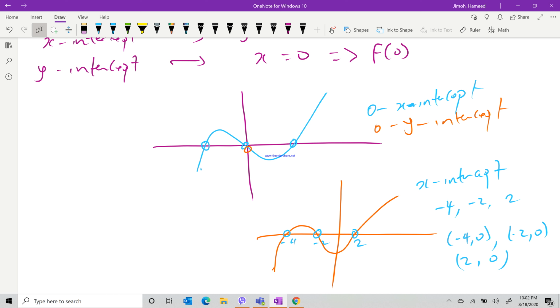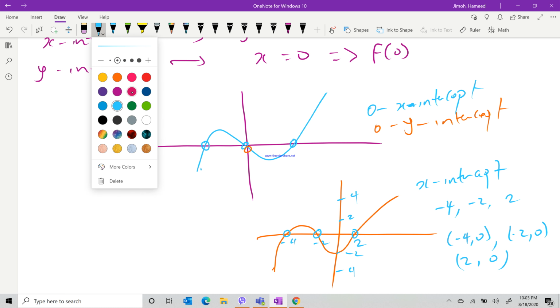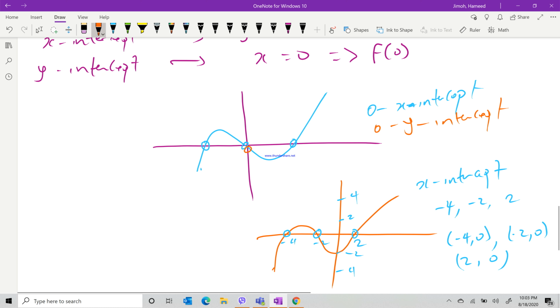So the second point in this case becomes 0. So let's say we have a 2, 4, and we have -2, -4 over here. It means, again, the y-intercept in this case will be -2. Don't forget this is the point where y equals -2.